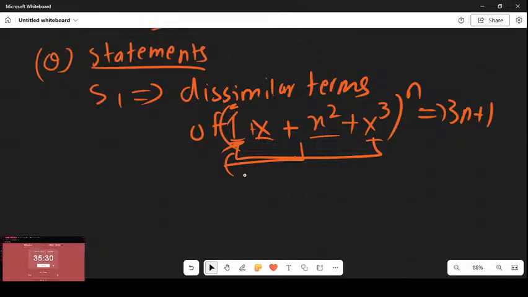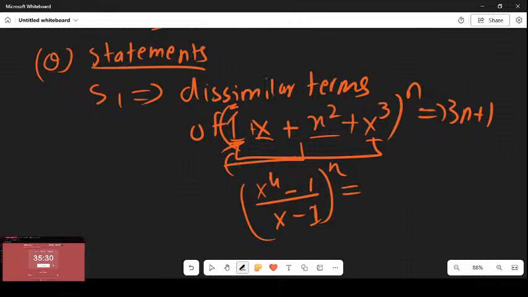Okay, (x to the power 4 minus 1) by (x minus 1), all to the power n. Now can I solve this expansion? (x to the power 4 minus 1) divided by (x minus 1), whole to the power n.